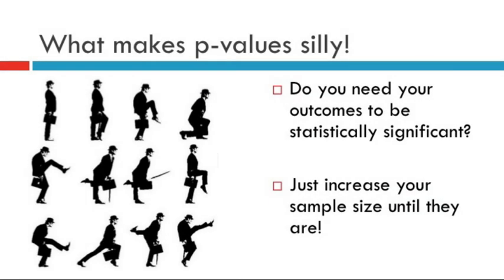So, what makes p-values particularly silly is that they can be misused. Somebody doing a study, if they want to make sure that their experiment works out and the p-values fall below 0.05, all they have to do is increase the sample size. So at that level, they're a little bit silly.